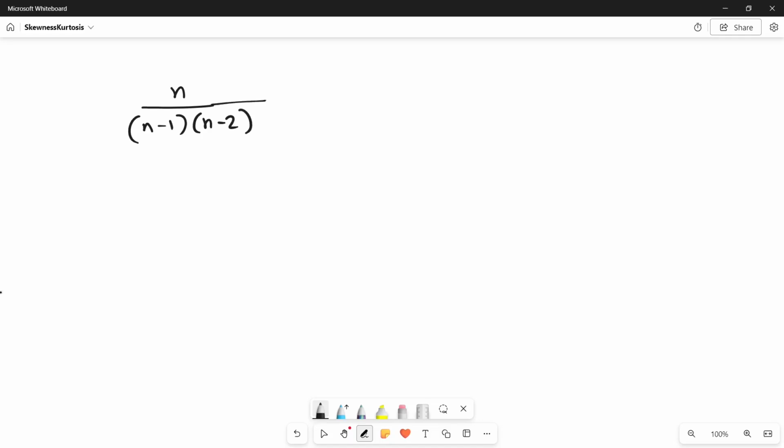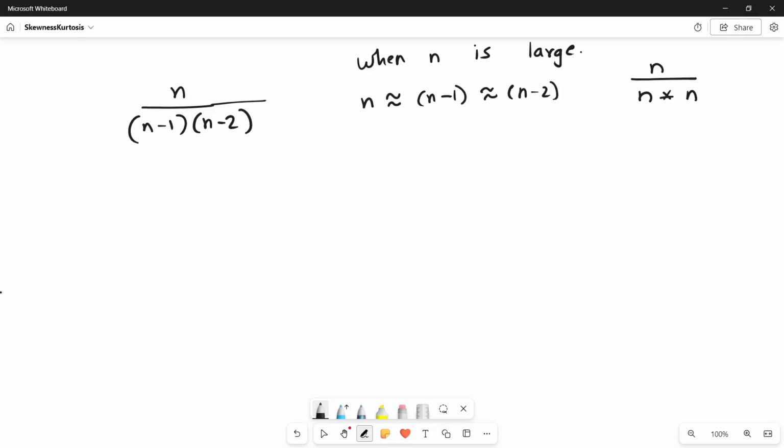What I'm claiming is that when n is large, then n is approximately equal to n minus 1, which is approximately equal to n minus 2. Therefore, this quantity can be approximated as n upon n multiplied by n.